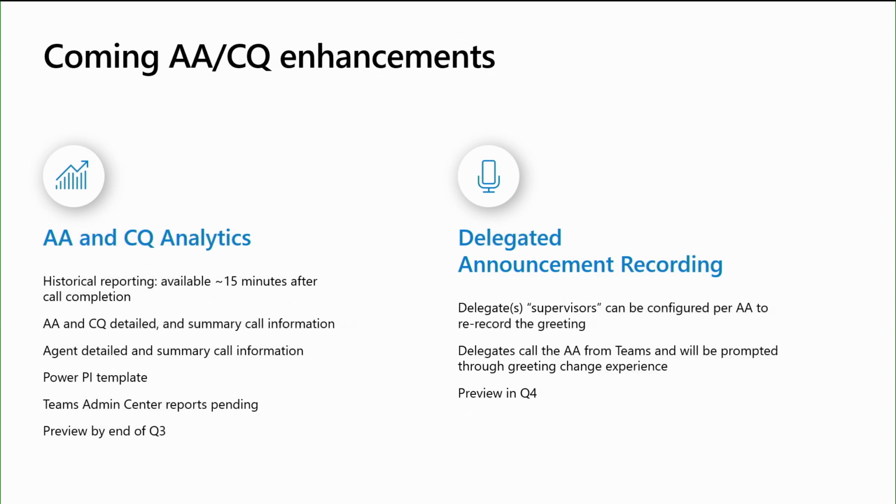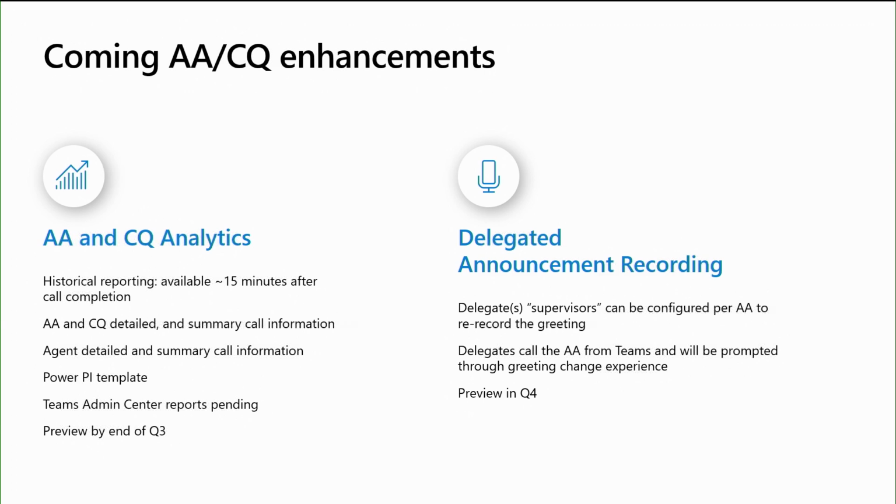So for instance, you can see for a given call queue or auto attendant how many calls they've answered, offered, or were disconnected over a given period of time, such as a day or every day over the past number of months. There's also detailed call queue and auto attendant information on a per call basis. How many calls came in, what the calls actually were on a call-by-call basis.